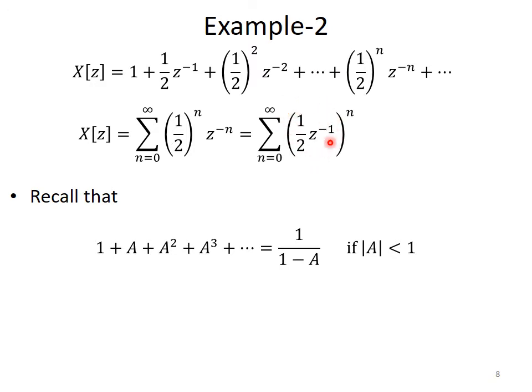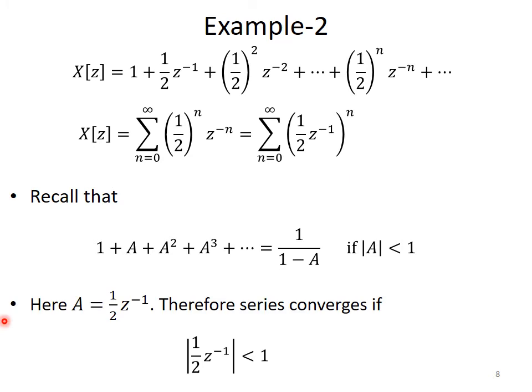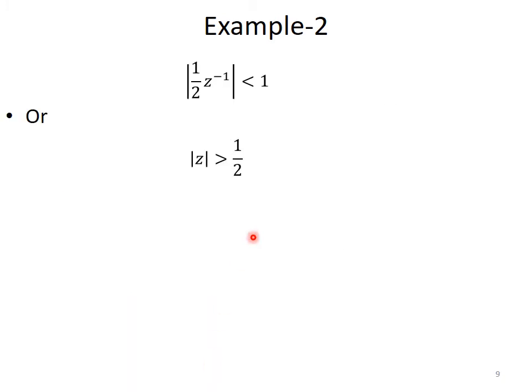If the magnitude of this is less than 1, we can use this formula to rewrite the Z transform of the signal. Here a is basically 1 upon 2 into z power minus 1. Therefore this series would converge only if the magnitude of 1 upon 2 into z power minus 1 is less than 1, or in other words, the magnitude of z is greater than 1 upon 2.